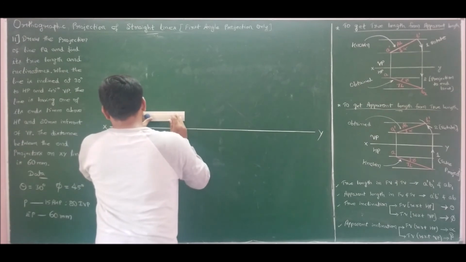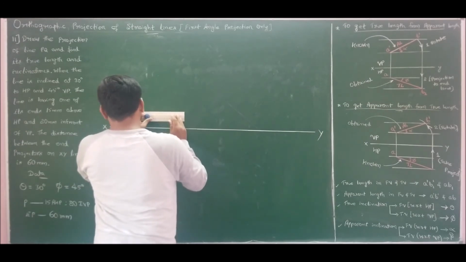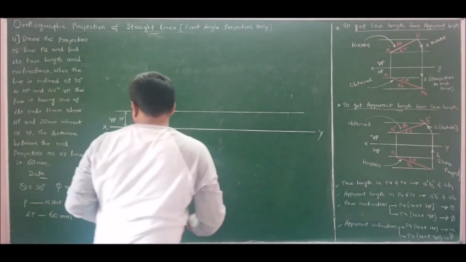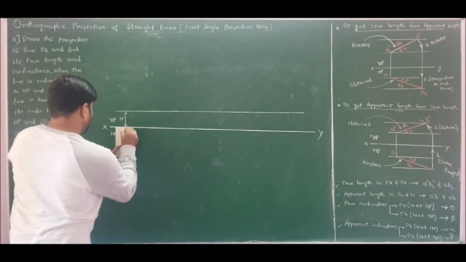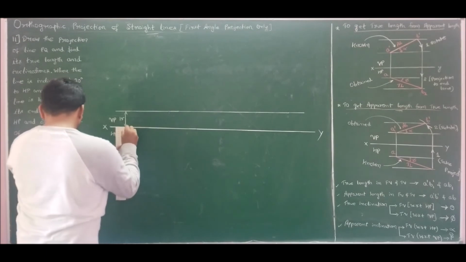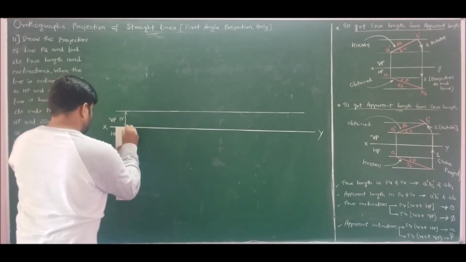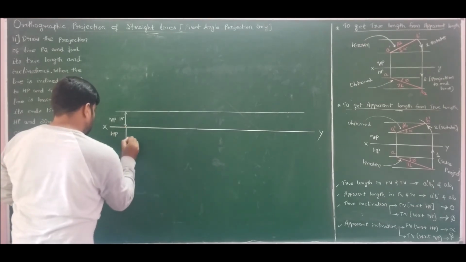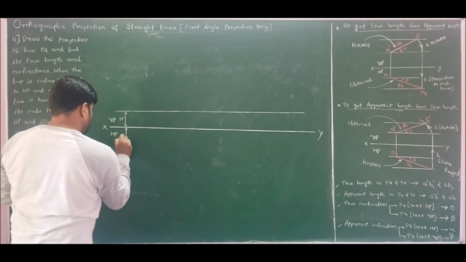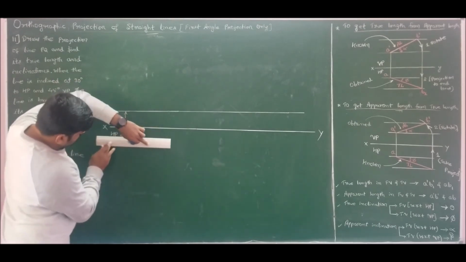Fix the locus of P dash. And also fix the locus of P, which is 20 mm in front of VP, which I should mark on HP. I mark it and draw the locus.